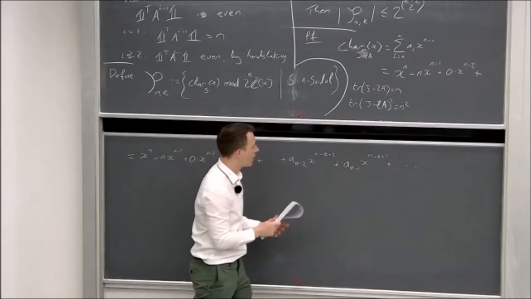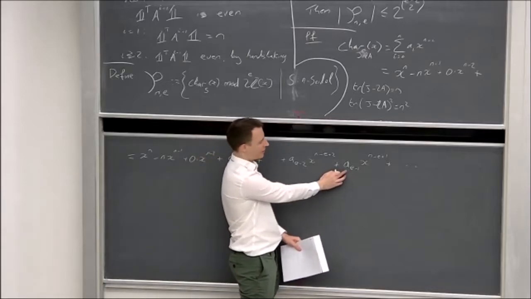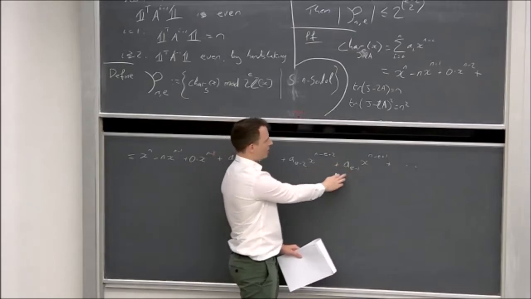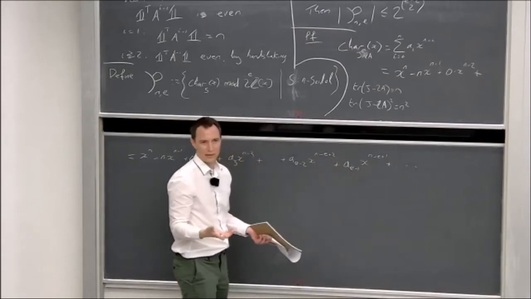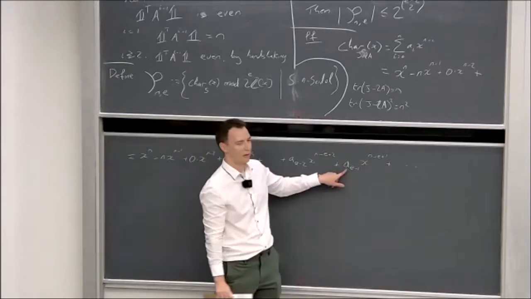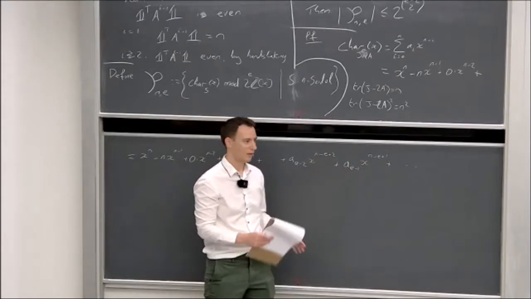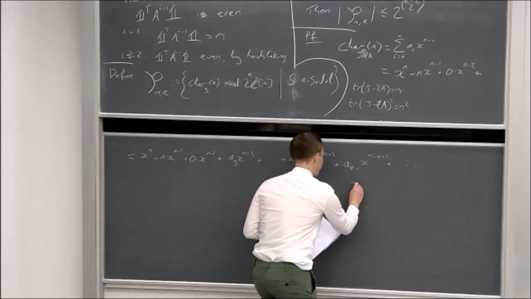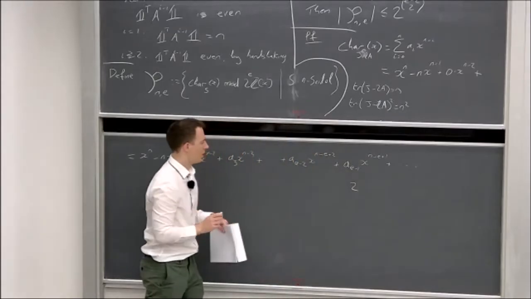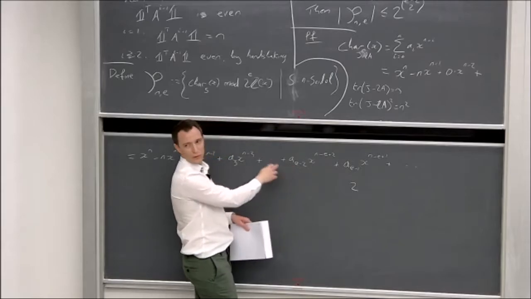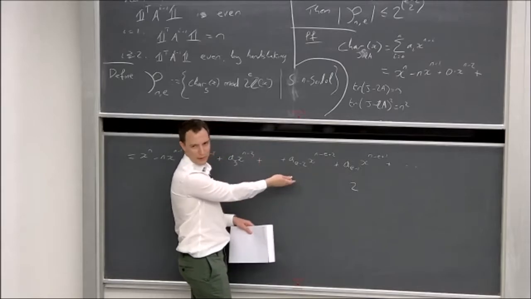Here we know that this coefficient is divisible by 2 to the e minus 1 using the corollary. So how many possibilities are there for the congruence class of this coefficient modulo 2 to the e? Well, there's just 2. And this coefficient, we know that this is divisible by 2 to the e minus 2. So how many possibilities are there?